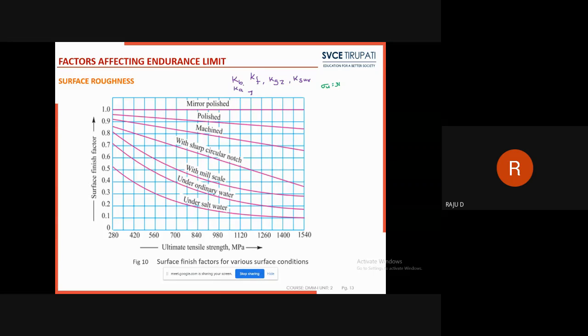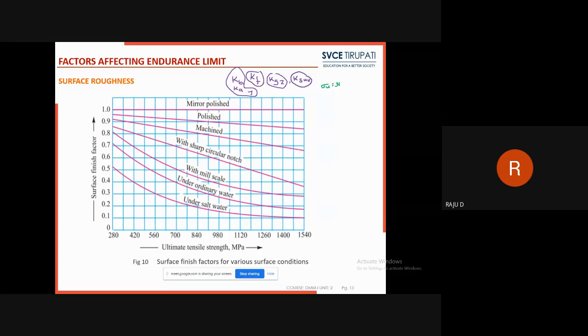These terms are very important and come under stress concentration factors. KF means stress concentration factor for notches, KSZ means size factor, and K surface is called the surface finish factor.